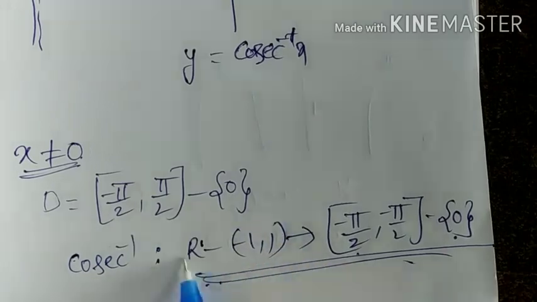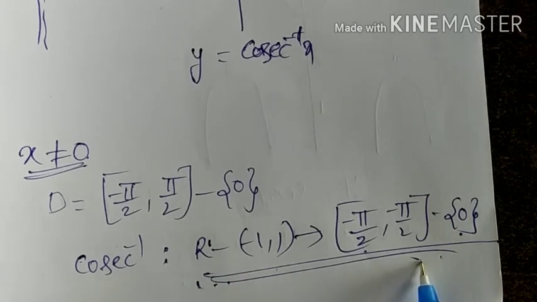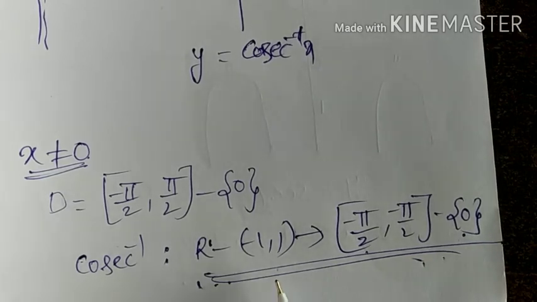This represents the domain and this represents the range. Based on this we have to find the domain and range of the inverse trigonometric functions, right? In the next class we will discuss the domain and range of the inverse trigonometric functions. Those are very important for the further calculations in our exercises, right?